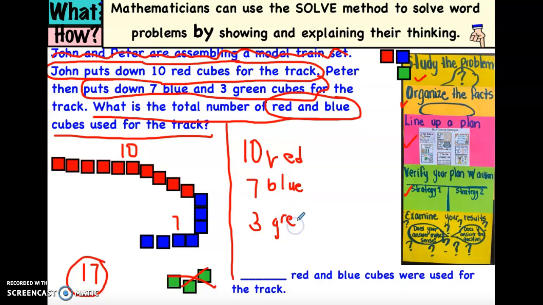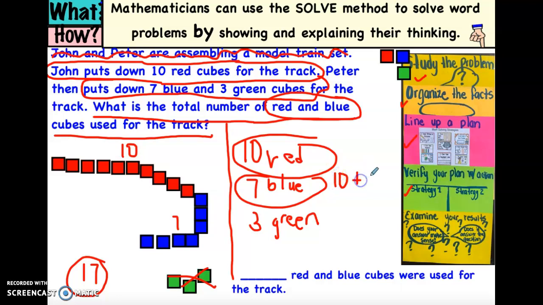Now we have to be really careful here because the problem is only asking us to find the total number of red and blue cubes used for the track. So 10 red, 7 blue, 10 plus 7 equals... Did you say 17? You got it. So 17 red and blue cubes were used for the track.